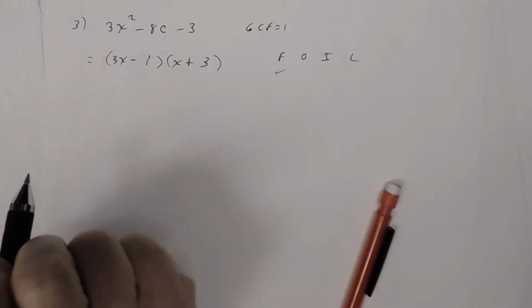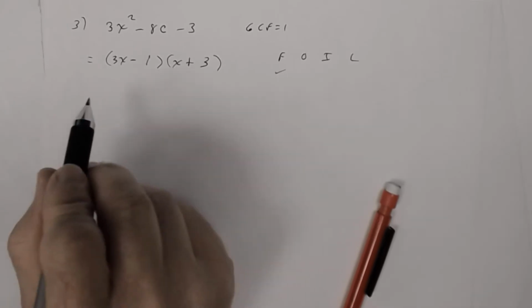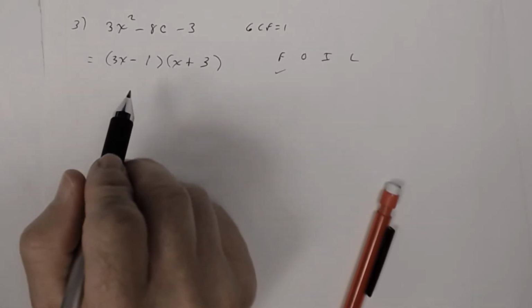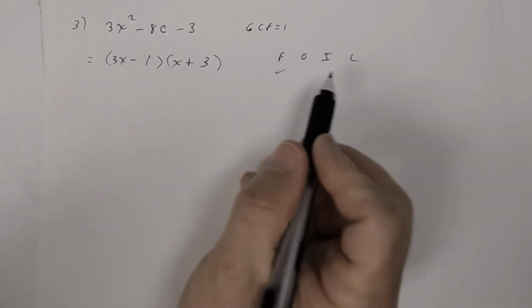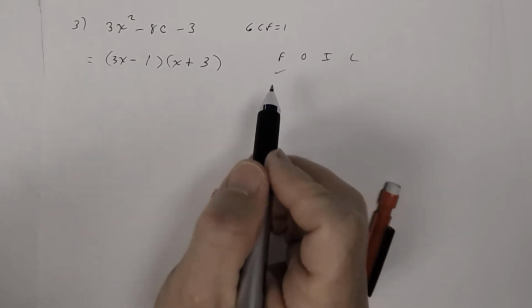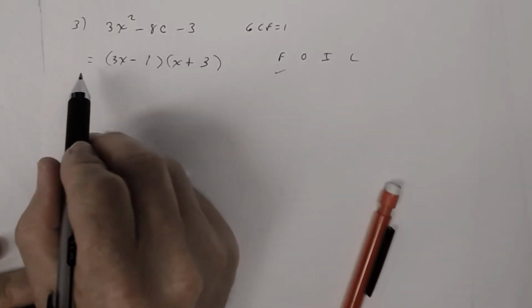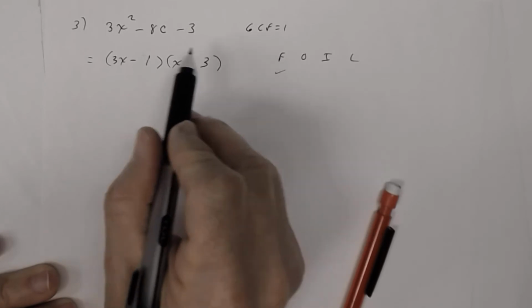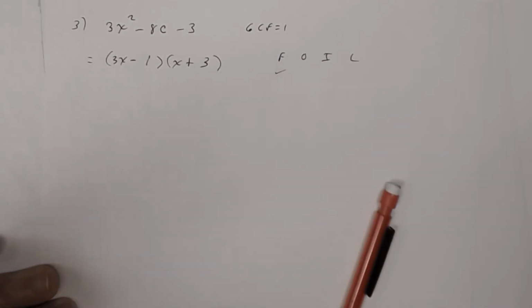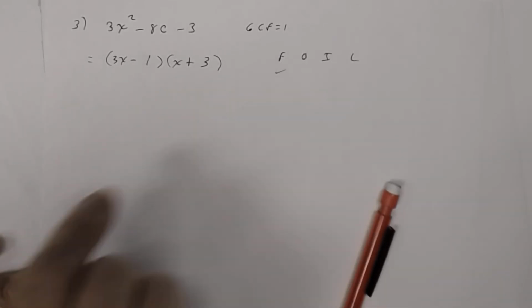Now, remember, don't say that's your answer. You have to go through this foiling process to check. There's no reason why anyone should ever get any of this incorrect, because it's easy to check using FOIL.